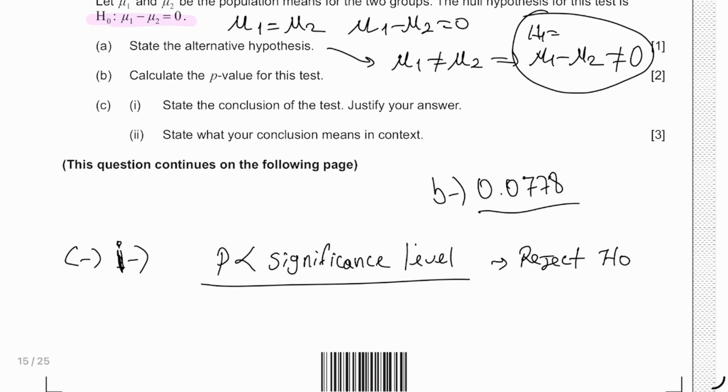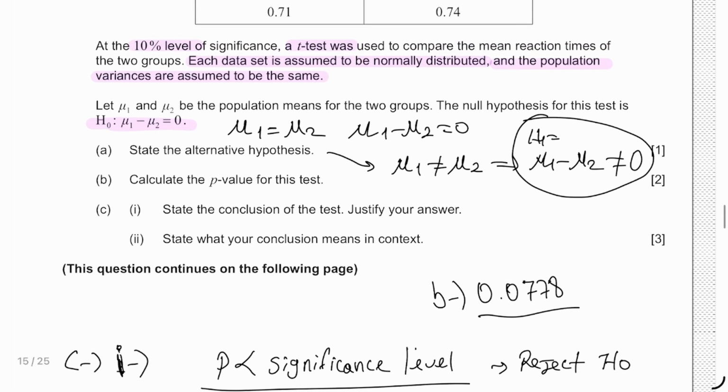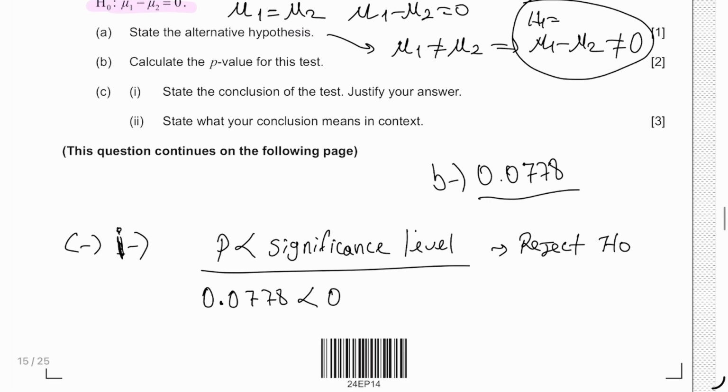What is our p-value? 0.0778. Is it smaller than the significance level? It's given here 10%, right? 0.10. So is it smaller? Yes. So reject H0. So we can write there is sufficient evidence to reject H0.